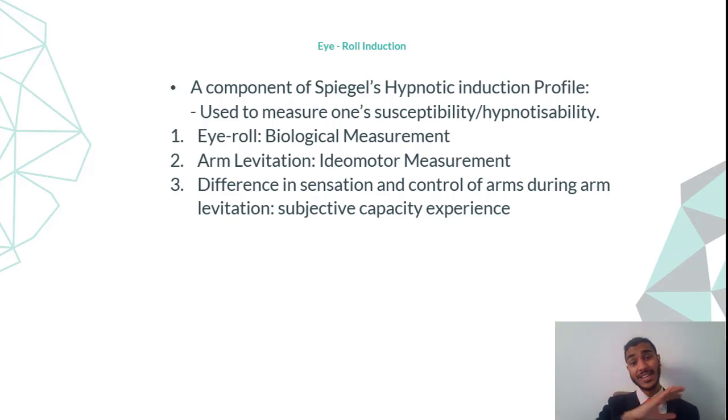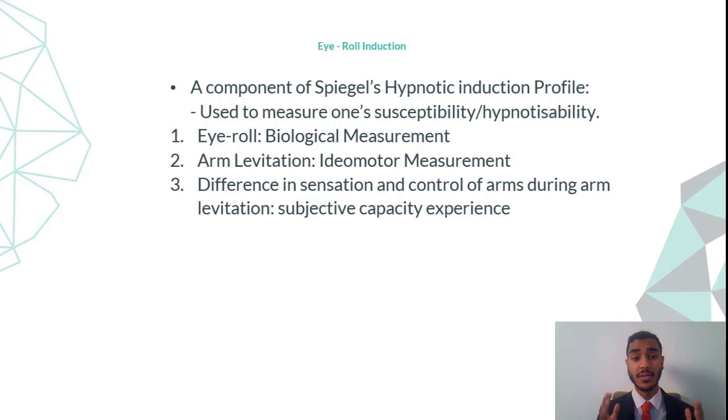So the difference in the sensation that is internally experienced as your client or subject experiences their arm levitating as you do an arm levitation induction in comparison to the other arm, and the difference between those two sensations. And this is known as the subjective capacity experience.